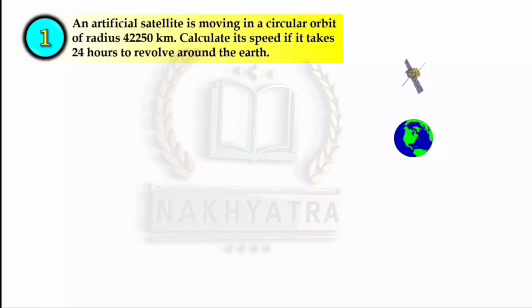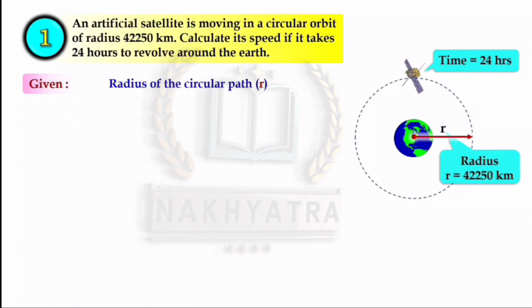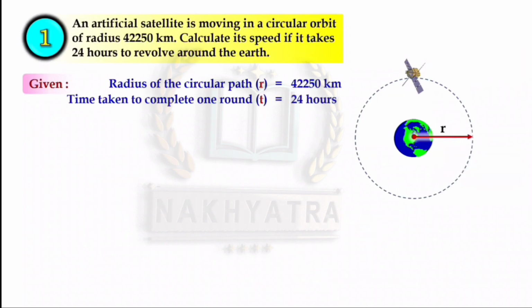So now see, this is our earth where a satellite is revolving around it, and the radius is 42,250 km, and the time taken by the satellite is 24 hours. So now write what are the given values. Radius of the circular path, that is r, equal to 42,250 km, and the time taken to complete one round, that is t, equal to 24 hours.